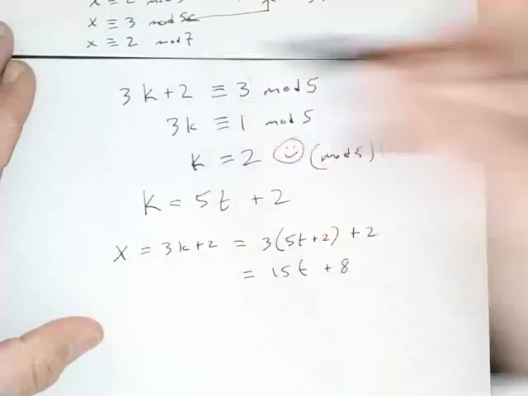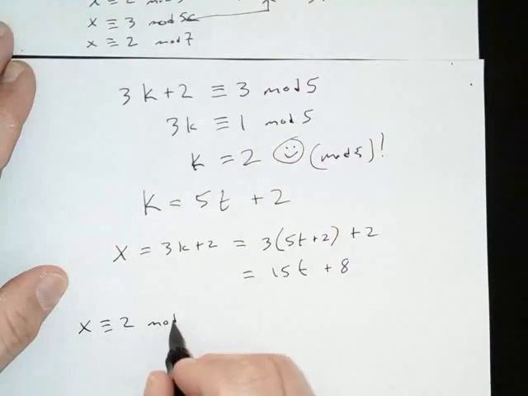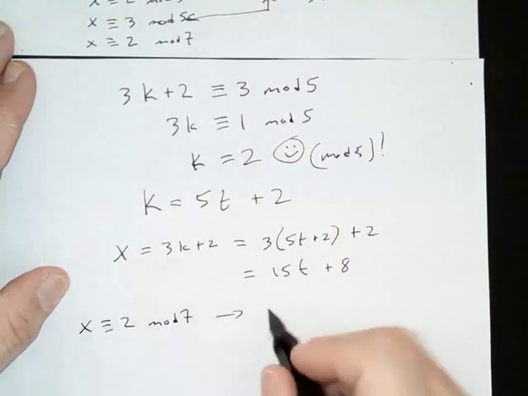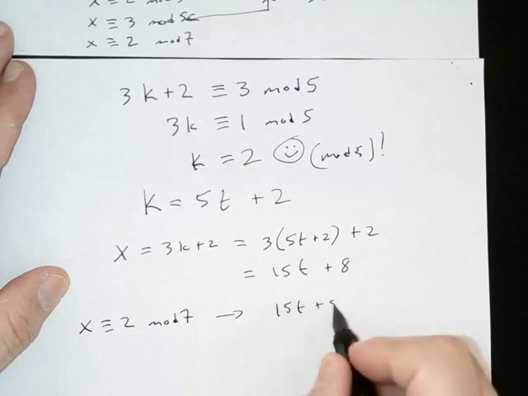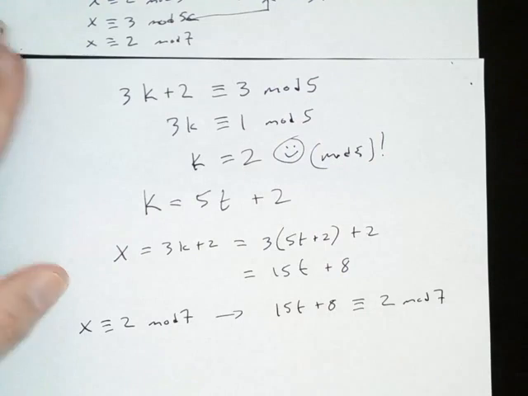Now I can go to the third equation. The third equation, x must be congruent to 2 mod 7. Well, that means 15t plus 8 must be congruent to 2 mod 7. Hey, wait a second. 15 is bigger than 7. 8 is bigger than 7.